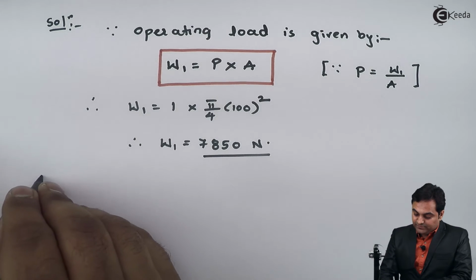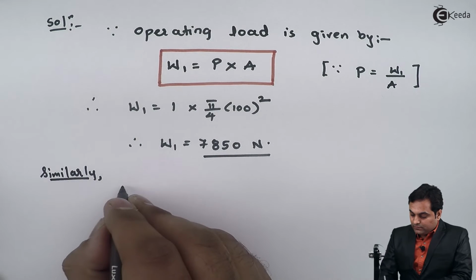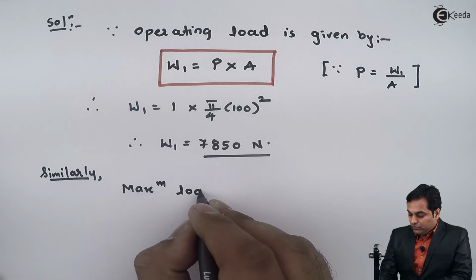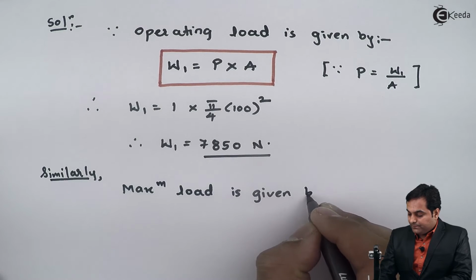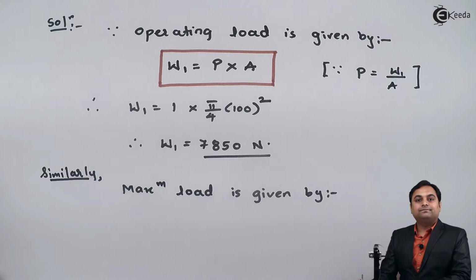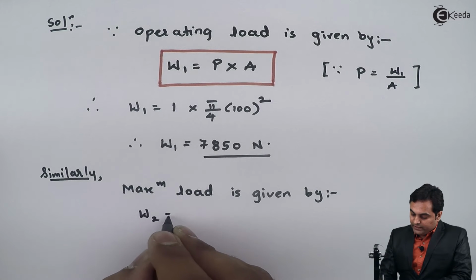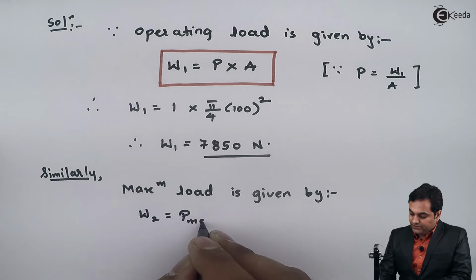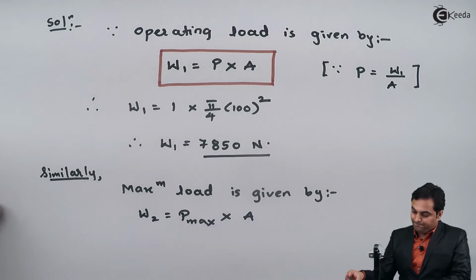Next, similarly, maximum load is given by, that I'll denote it by W2, and it will be again maximum pressure into area of the valve.